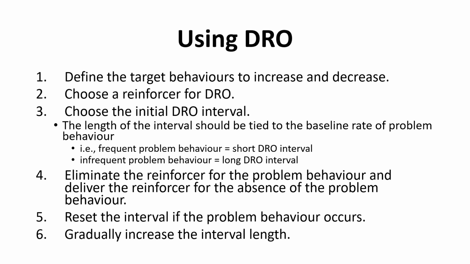If we made it to, say, 3 seconds in and then they started sucking their thumb again, then we would reset that interval back to 5 seconds and have to wait until they stop sucking their thumb again for those 5 seconds to elapse entirely. And as we said, we can gradually increase the interval length until the problem behavior is no longer occurring.